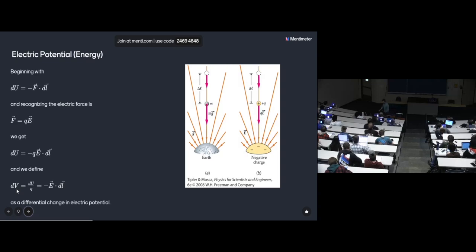Or that's equal to minus E dot dl. So this differential change in this new variable V is just the negative of an electric field dotted into some infinitesimally small step along that electric field.